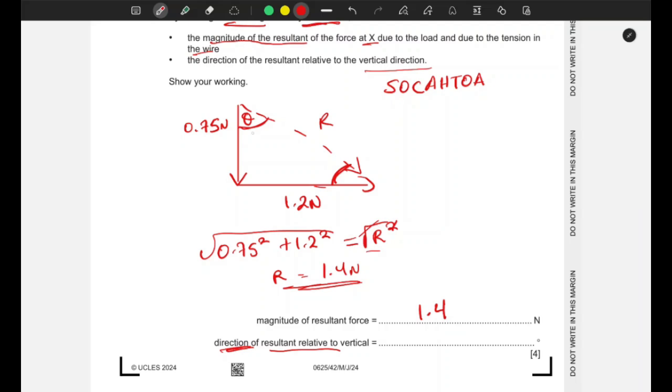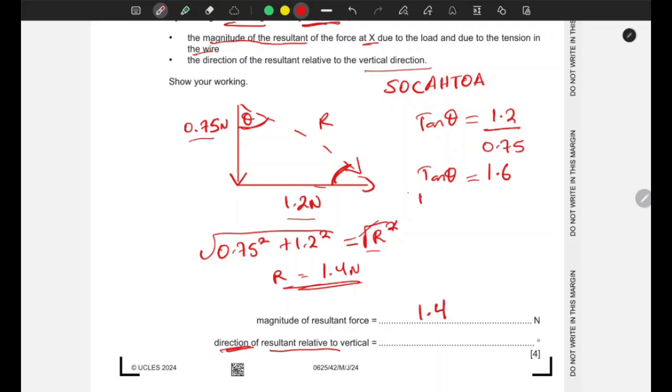To find theta, we have the opposite and the adjacent, so we can use tan. Tan theta equals opposite over adjacent, so it's 1.2 over 0.75. That would give us 1.6, so tan theta is 1.6.